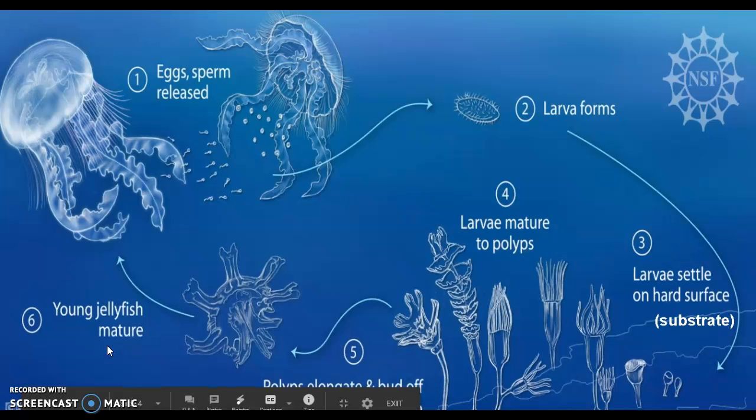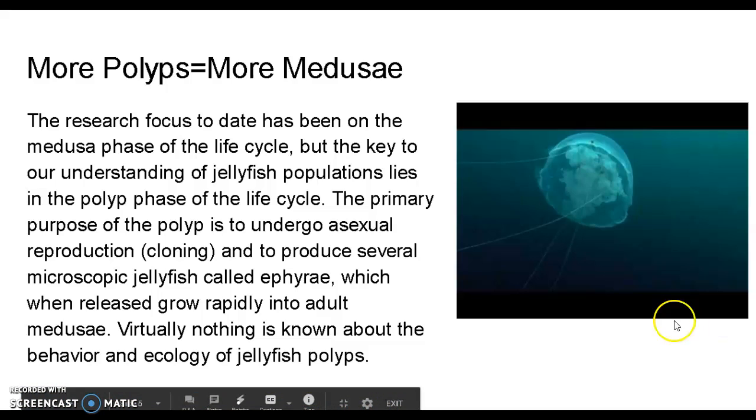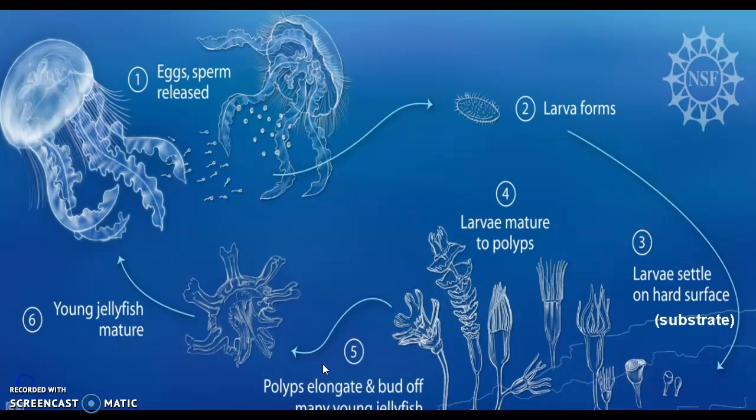So this is the jellyfish life cycle. We start with some mature medusa jellyfish. We have a male releasing sperm and a female releasing eggs into the water. The sperm will fertilize the eggs and it will develop into a jellyfish larva. That jellyfish larva will float through the water and it will eventually settle on a hard surface called a substrate.